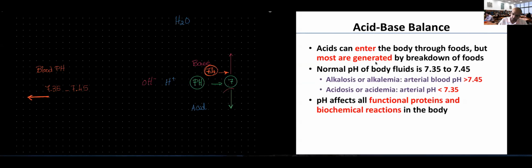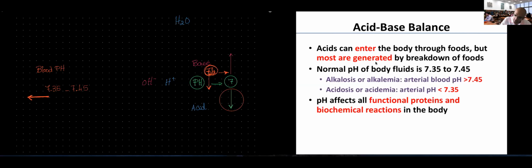If you're going down again, it's an acid or a base? Below 7, it's acid, right? So if my blood pH is going down, this means I have more acids or more bases than what I need. If you add a base, will you move blood pH up or down?